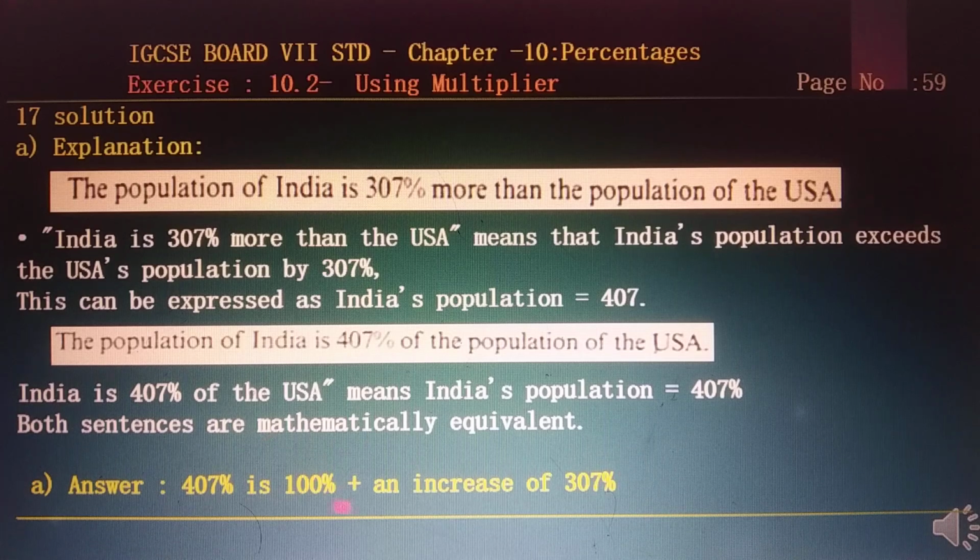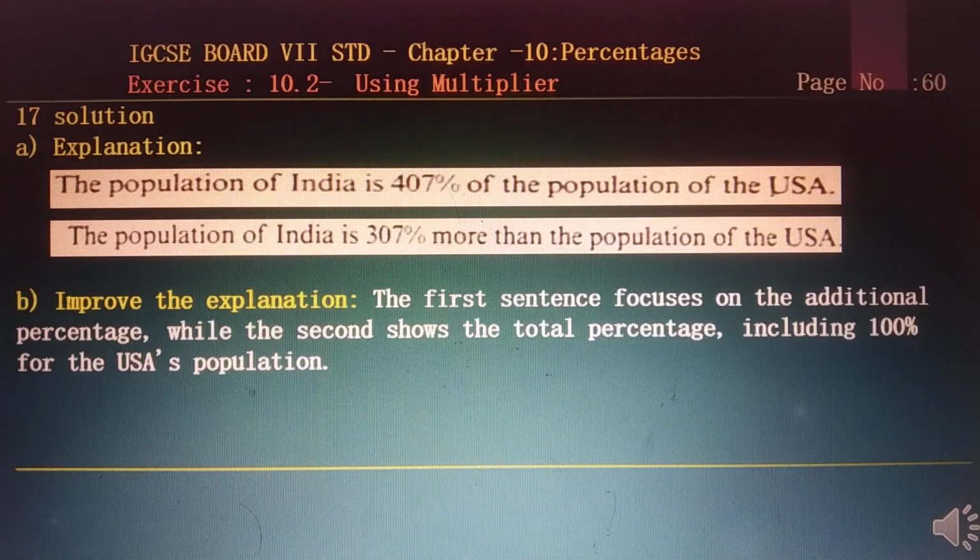That is the final answer. Improved explanation: the first sentence focuses on the additional percentage, while the second shows the total percentage including 100% for the USA population.